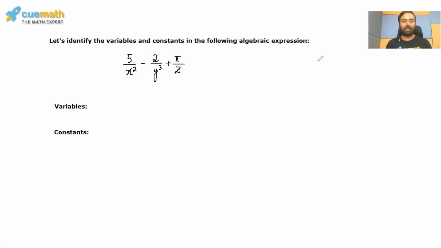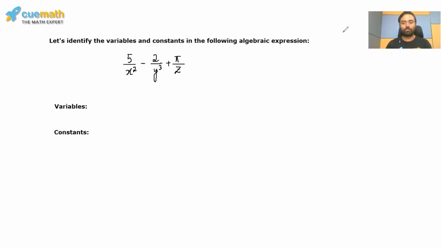So we have been given an algebraic expression, 5 over x square minus 2 over y cube plus pi over z, to identify the variables and constants. So basically we'll use the definition of variables and constants to answer this question. Now we see that in this algebraic expression we have three alphabets and their values are unknown to us.